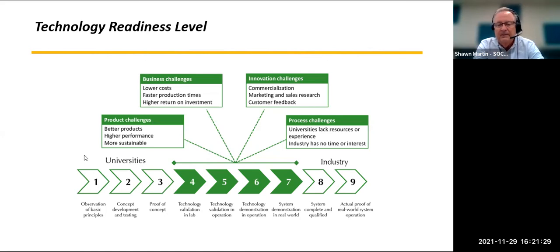So sometimes maturing a technology, like I did one time for a very sophisticated suspension system for up-armored Humvees, we really had a hard time getting from the 5 or 6 level, maybe approaching 6, to get the program manager to pick it up.